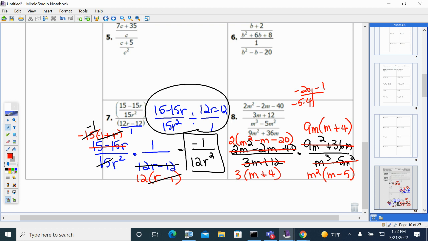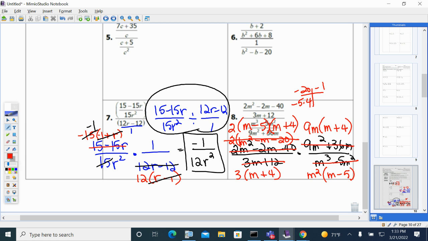Because the leading coefficient is a 1, that's going to factor straight into, keep your 2, m minus 5. Hopefully you can see this. I've run out of room here. So that factors again into your m minus 5 and your m plus 4.